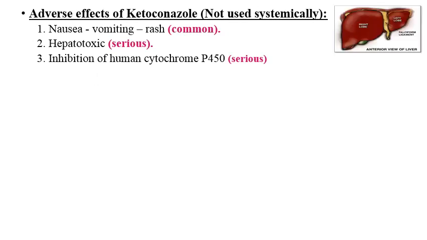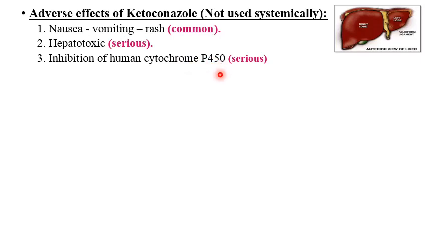Adverse effects of the first member, ketoconazole, which is not used anymore, only used topically like creams, ointments, and shampoos. The common adverse effects are nausea, vomiting, and rash. The serious adverse effect is hepatotoxicity, and the most important adverse effect is the inhibition of human cytochrome P450.